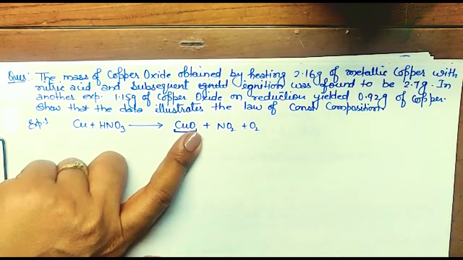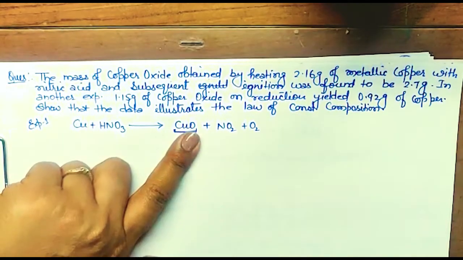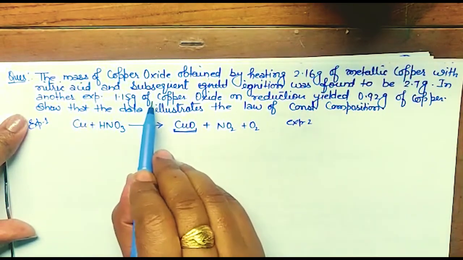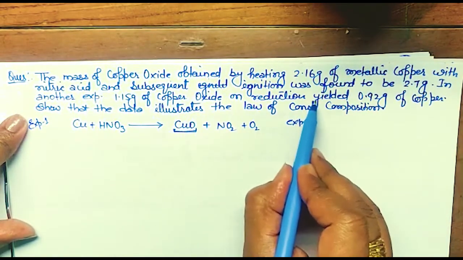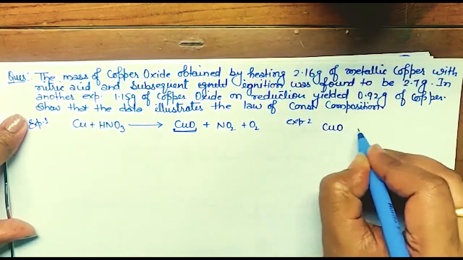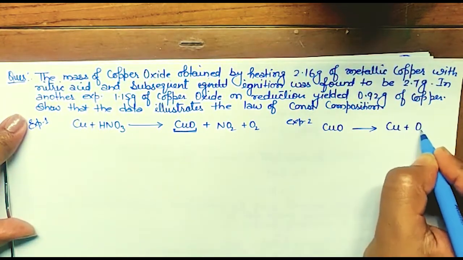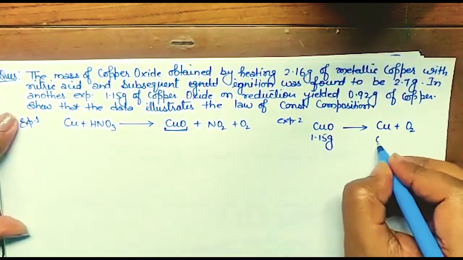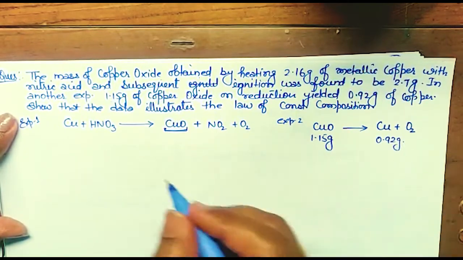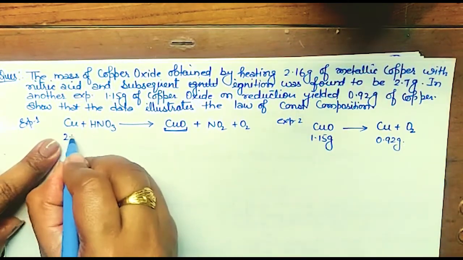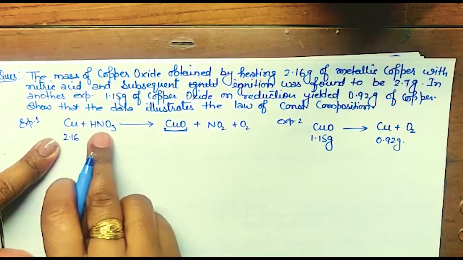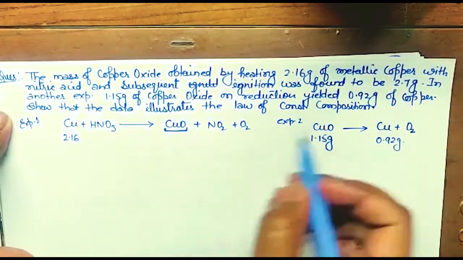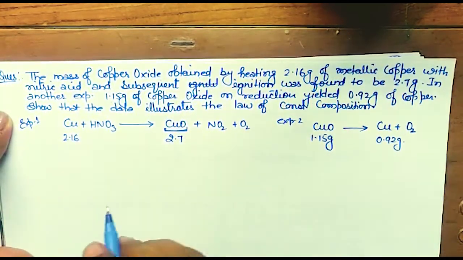That should be the same ratio in the next experiment. Got it? And experiment 2, what is it? Experiment 2 is 1.15 gram of copper oxide on reduction yielded, that is, copper oxide yielded copper and oxygen. Got it? So this is 1.15 gram. So this comes 0.92 gram, and here copper is 2.16 gram, with nitric acid and subsequent ignition was found to be 2.7. This is 2.7.